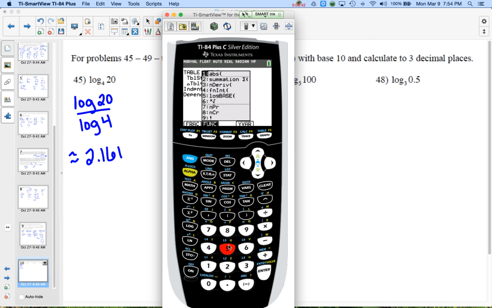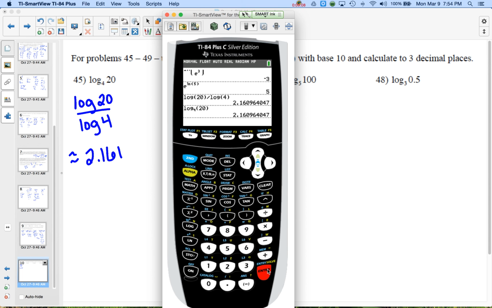Well, this is not cooperating here for me. Okay, so let me quit this and start this over again. All right, so number 5. And notice that we get this little symbol here. So we want log base 4. So type in a 4 and then the arrow key and put in a 20. And there's the same answer.